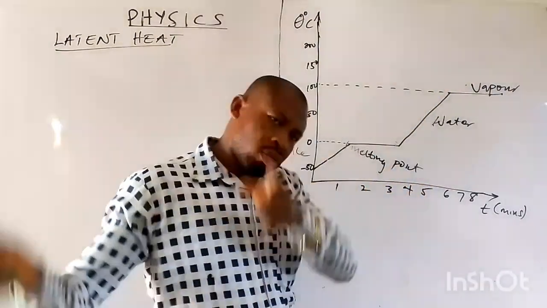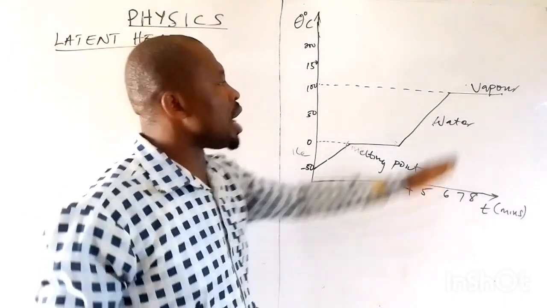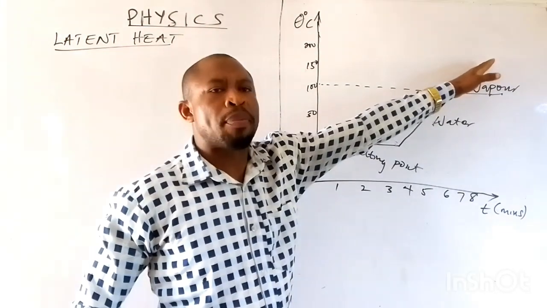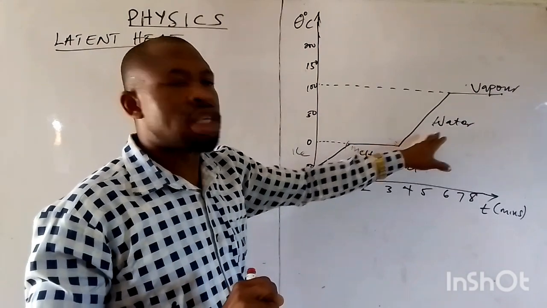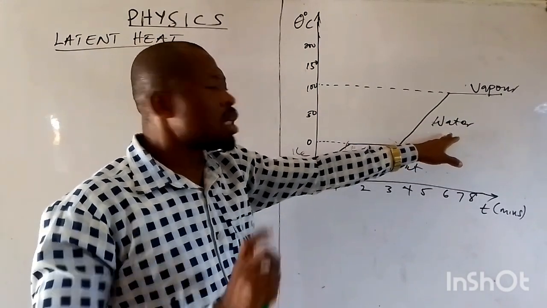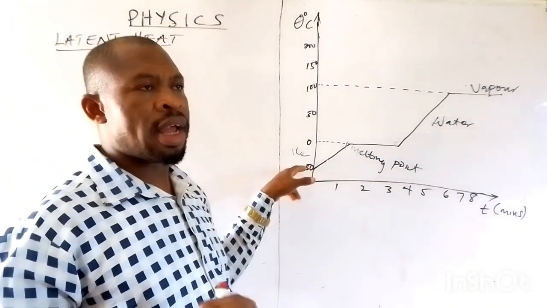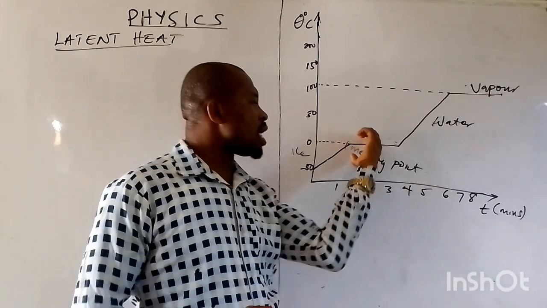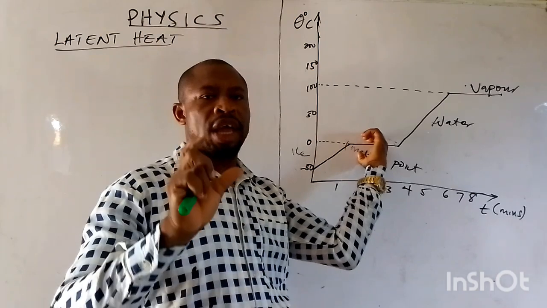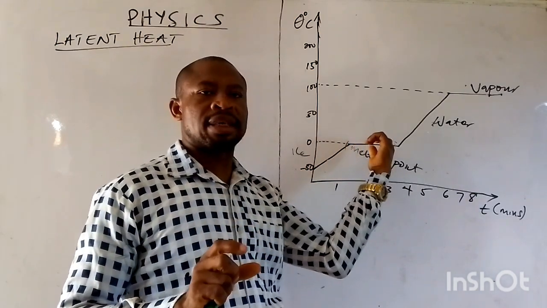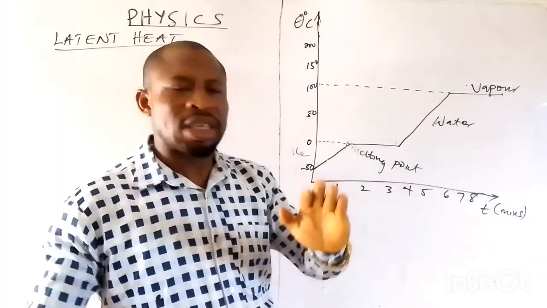Now, you can still take it the other way around. When you subtract heat from a substance, continuous extraction of heat from vapor will take it to liquid. From its liquid state, if you continue to extract heat, it will take it to its solid state. Now, the point I want to drive home is that at this melting process, the ice turns to water at constant temperature.